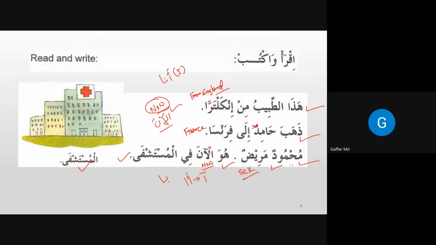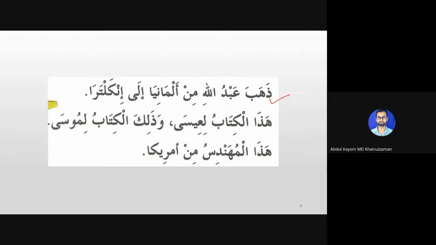Yes. Next line. ذهب عبد الله من ألمانيا إلى إنكلترا.